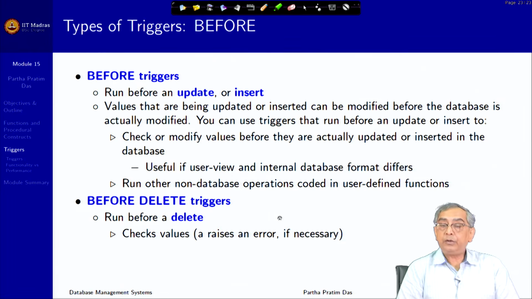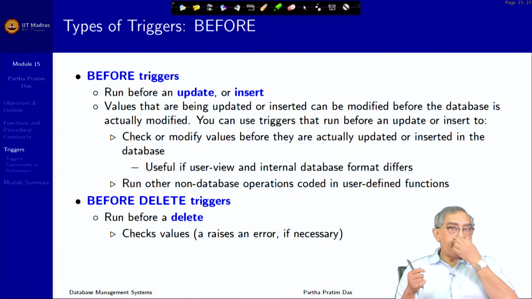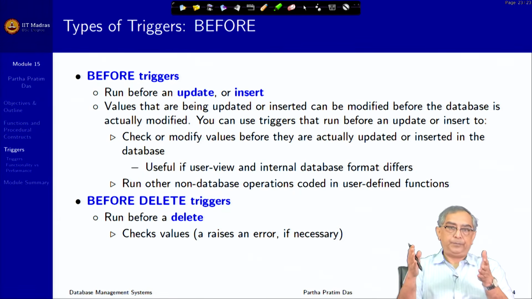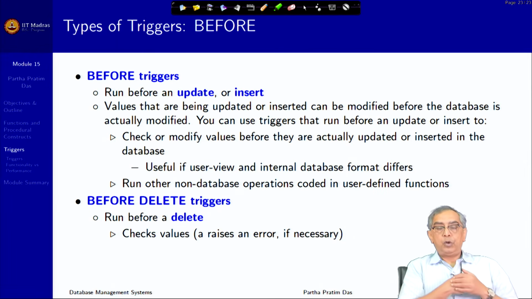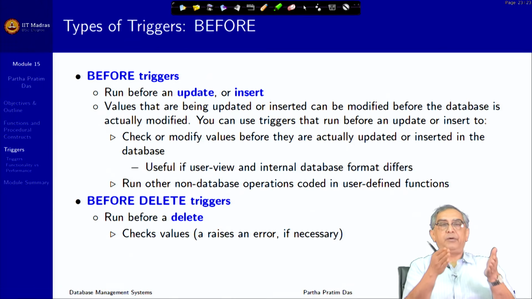So, there are two types. Before trigger, that runs before an update or insert happens. So, for example, it may be that the user space uses a certain format of the data and the database uses a different format of the data. So, the user is trying to update the data given in the format in which the user is using it.